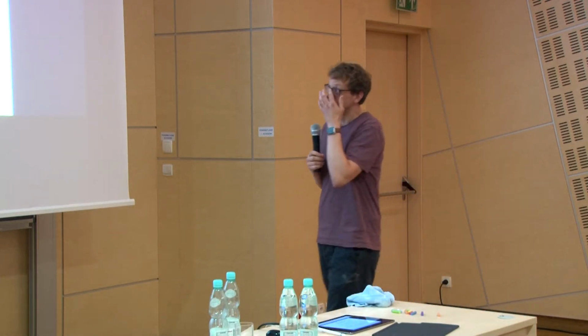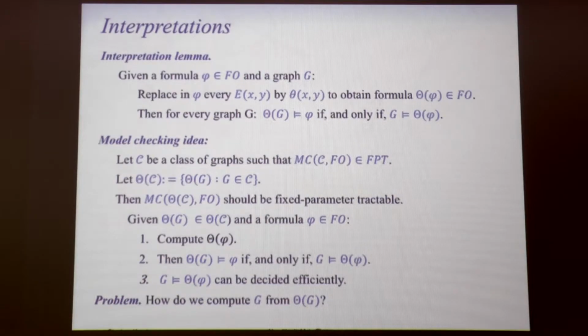I guess most of you will not know the Courcelle hierarchy, and I will not explain what it is, but it's basically an extension of this idea, because interpretation is just one operation that takes you from one class of structures to another class of structures. But in theory, and in research practice, you could ask for different operations. It would be very interesting to study operations that take you from one class of graphs to another, preserving model checking results.